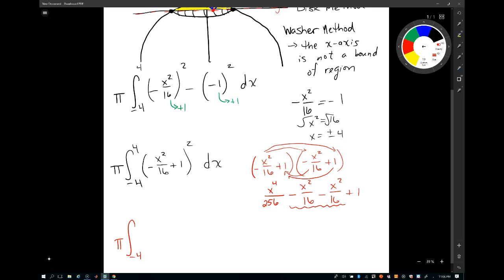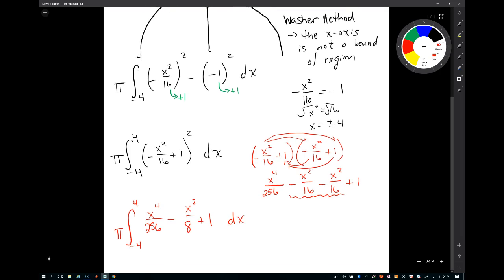And in this form, we can just apply the power rule to everything. So we've got x to the 4th over 256 minus x² over 8 plus 1 dx. The power rule says that the old power of 4 is going to go up to a 5, and then we need to divide by 5.